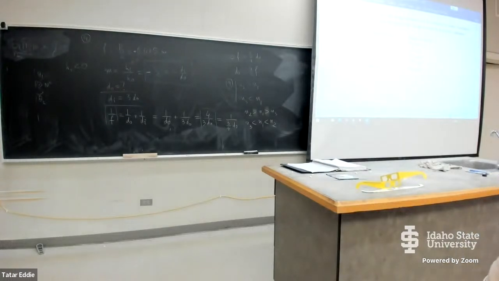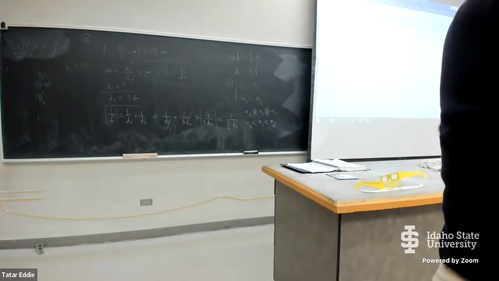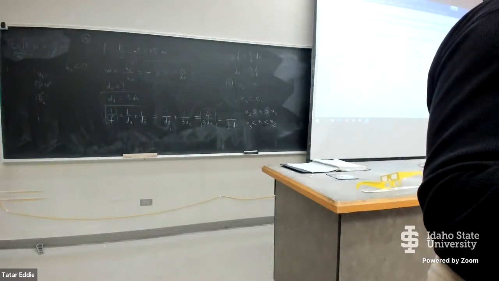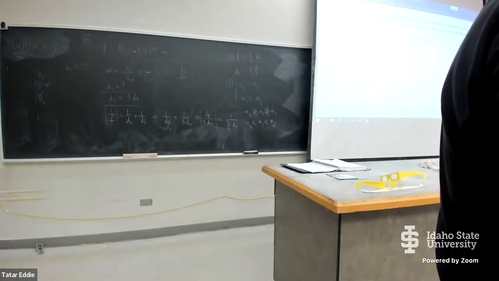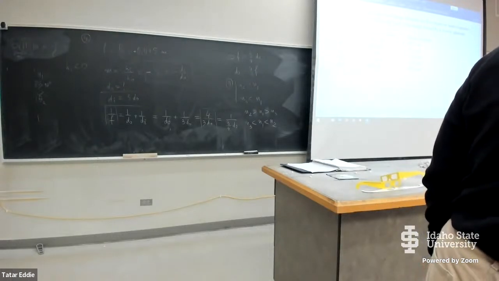So convex mirror. So look, for a convex mirror, the image is always going to be virtual, reduced in size. Virtual meaning the distance di is always going to be a negative distance. So you need negative distance, and you have three negative distances here.